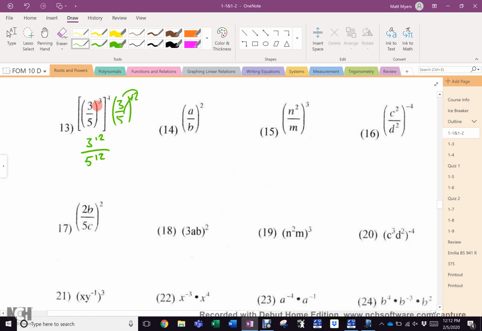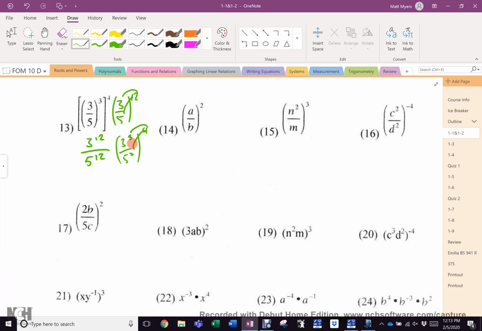Or you could have simplified inside and gone 3 to the 3rd over 5 to the 3rd, and all of that was to the 4th, and then that 4 would go in. Again, for the 2nd, 3rd, 4th, 100th time, exponents are going to get complicated because very, very soon you get to a point where you can take numerous different ways to get to the answer.